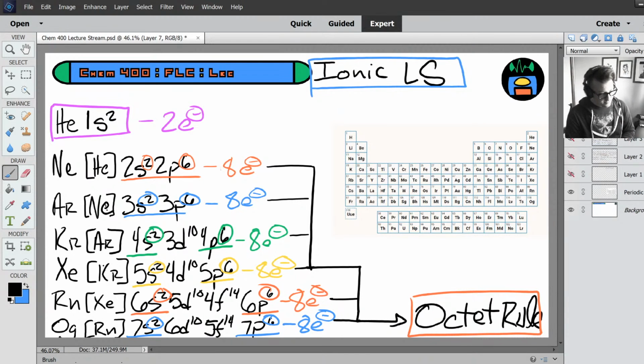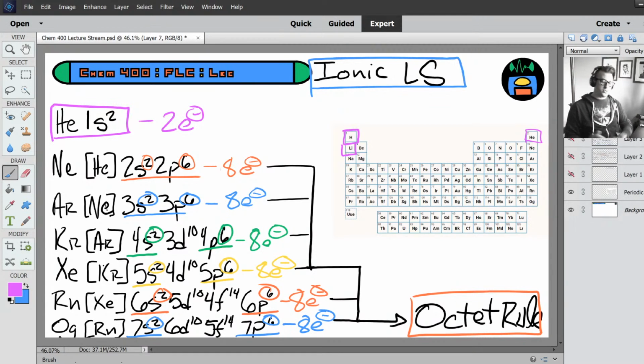It should be noted, however, that helium only has 2 valence electrons. So, for example, hydrogen will only want to gain 1 electron because its nearest noble gas is helium, or lithium will only want to lose 1 electron because its nearest noble gas is helium.